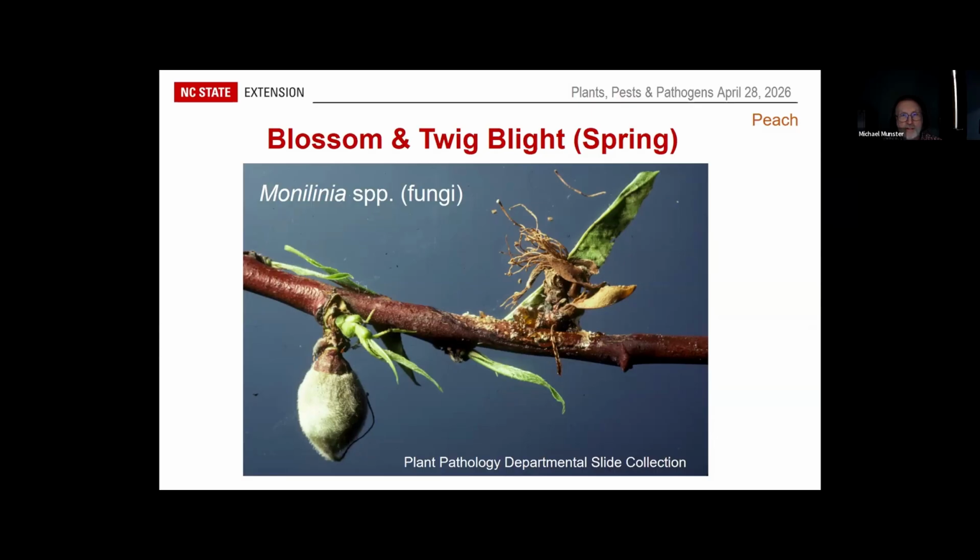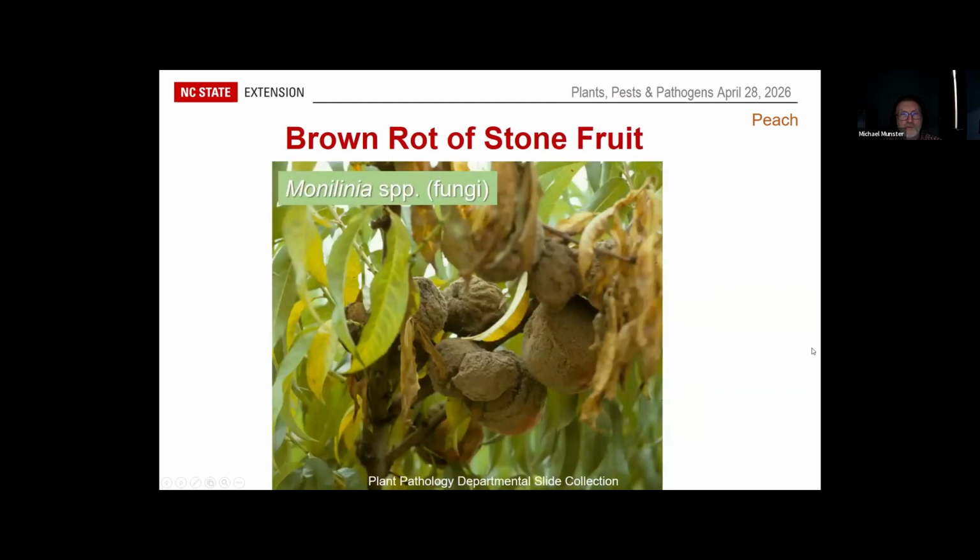So this is the blossom or twig blight phase on peach in the springtime. And then later in the season, as the fruit are maturing, you get what's called brown rot. And the entire fruit can become completely engulfed by the pathogen. You see the sporulation there on the surface, and then it can be left as mummies hanging on the tree.